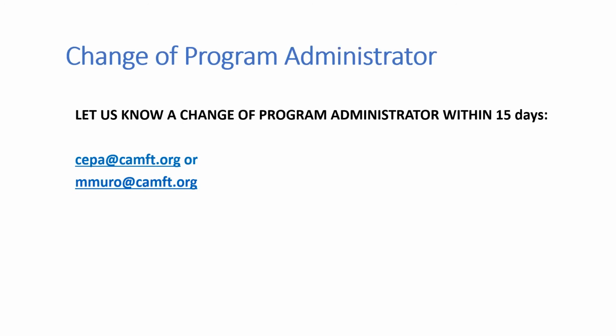It needs to be in writing, and by writing, I mean even via email with their contact information so we can update the record. When we send emails and we don't have notice of a new program administrator, or we don't know who to contact, that could also cause a lapse in your provider approval.